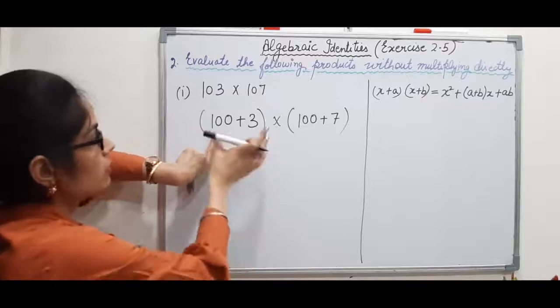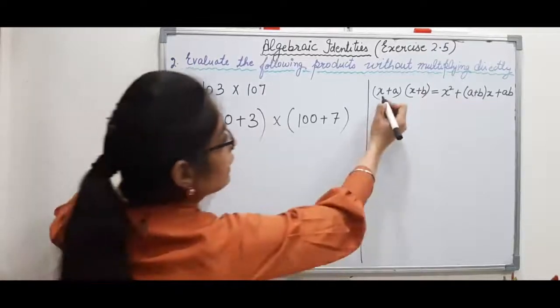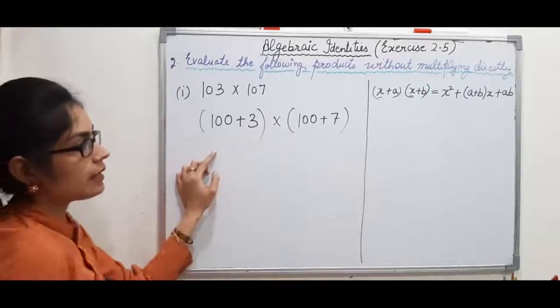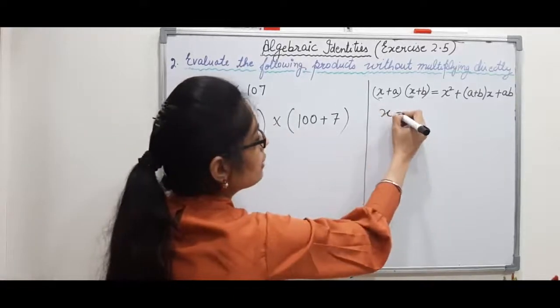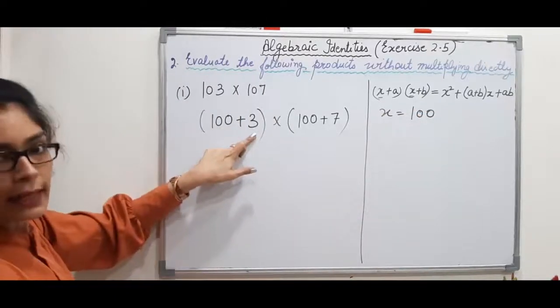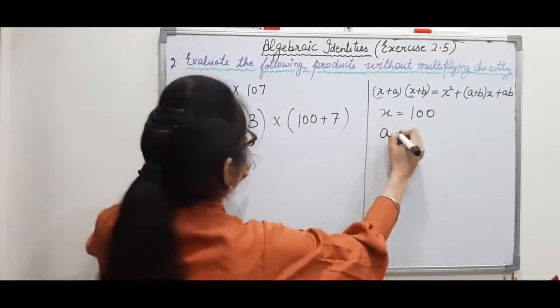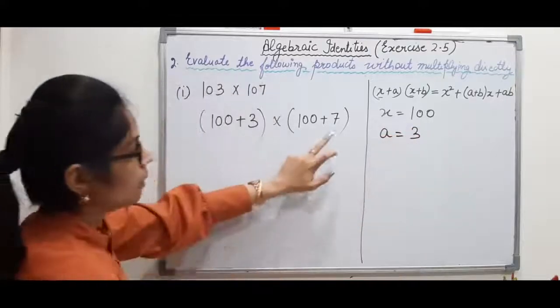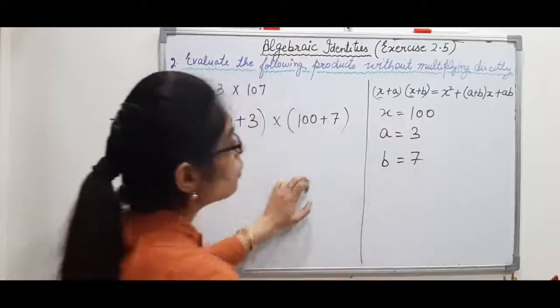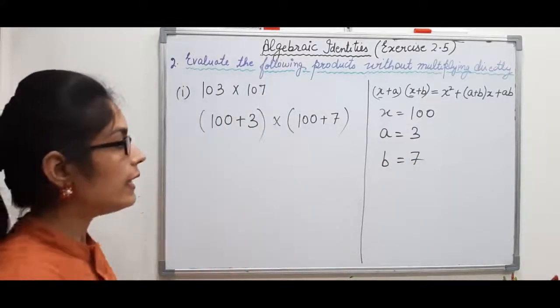Just compare with this expression now. So x, see this term and this term, these two terms are the same, which means our x is equal to 100. Here it is a, which means a is equal to 3, and b is equal to 7. Now you have got the values of x, a and b.